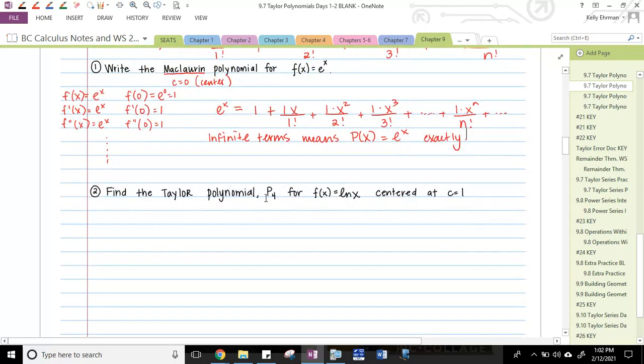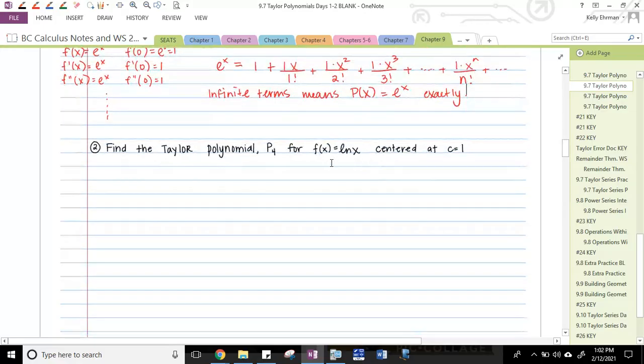So they might tell you how many terms or how many derivatives or what degree they want your polynomial to go to. So this notation right here is called fourth order, which also means get to the fourth derivative.